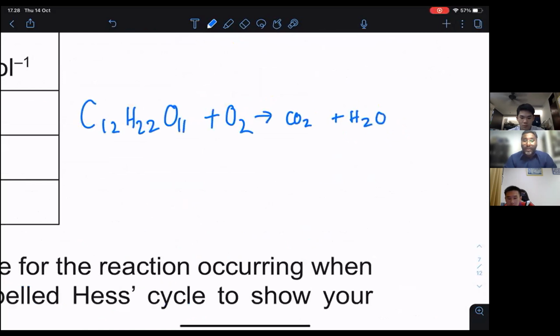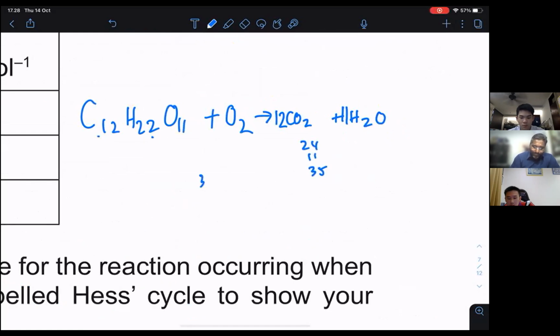I want to find out how many moles of carbon dioxide and water. So there are 12 carbons and 22 hydrogens, which means 11 water. Oxygen: 11 plus 24, so it's going to be 35.